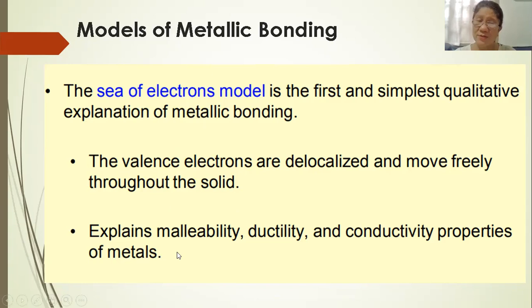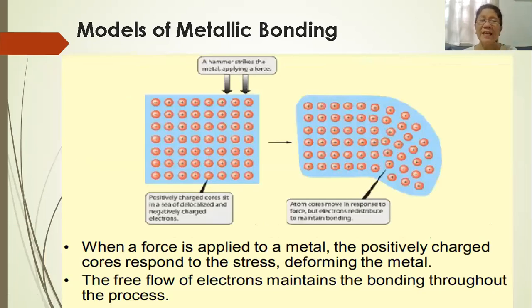This also explains that their electrons can be delocalized, meaning you can transfer them to the other one, because they could move freely throughout the solid. So this explains the properties of malleability, ductility, and conductivity of metals. Take a look here. The metal ions all have positive charge, none negative.